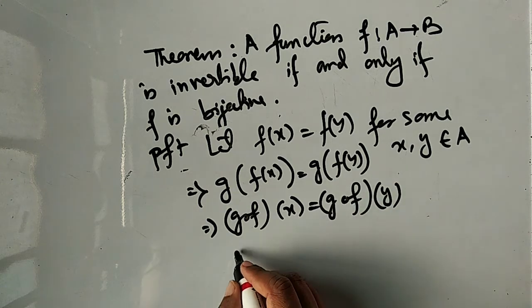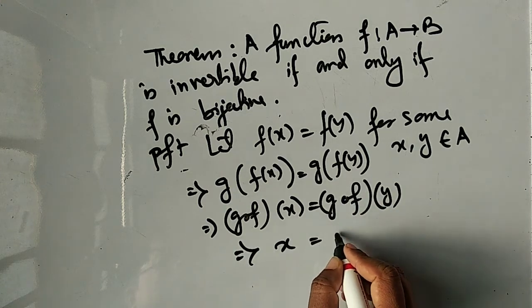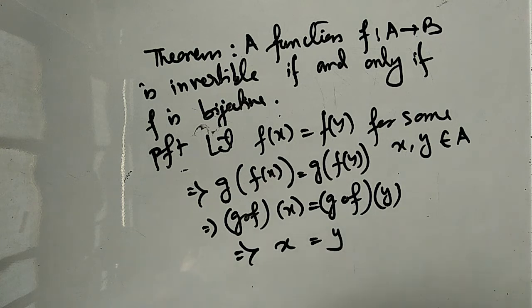Now what is (g∘f)(x)? Nothing but x. This is nothing but y. Therefore f is one-one. समझ में आया?